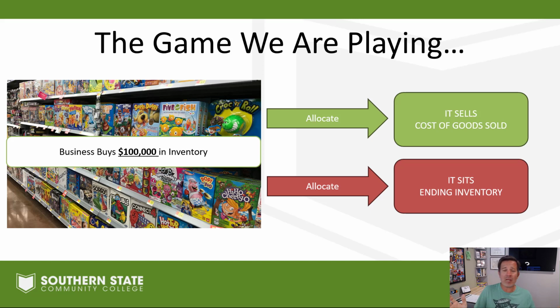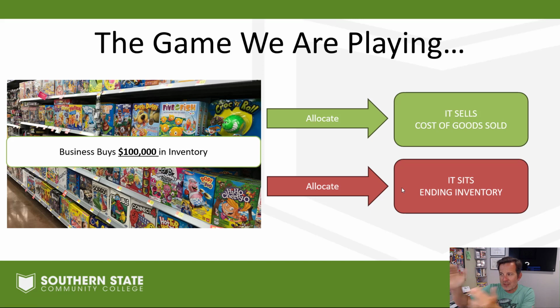All right, so just to put some numbers in here. Let's say that we bought $100,000 in game board inventory. When we talk about allocating that $100,000, there's only two places it can be allocated. It can be allocated to cost of goods sold to represent goods that left the store, or it can be allocated to ending inventory, goods that are still sitting in inventory.